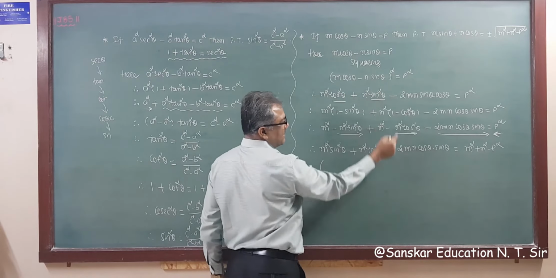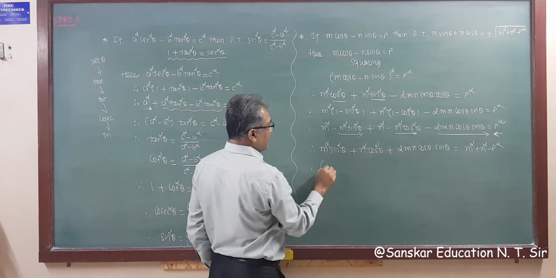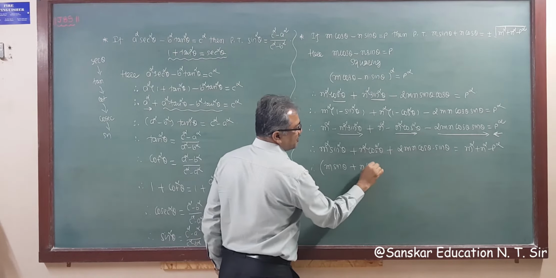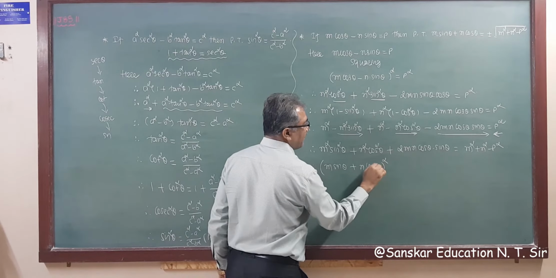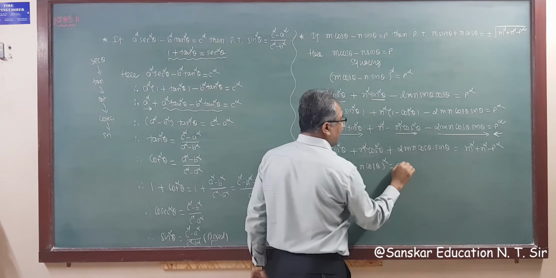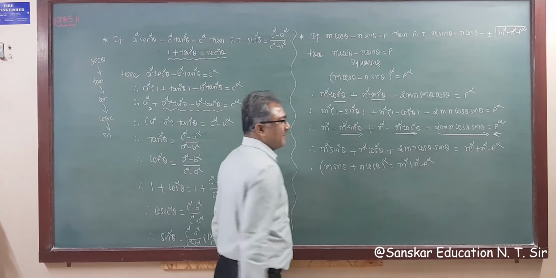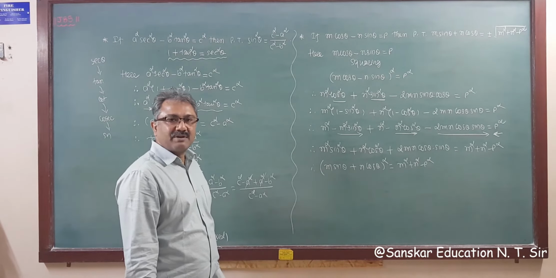Because this is minus, here it is plus. So this is the perfect square of (m sin theta plus n cos theta) whole square is equal to m square plus n square minus p square.